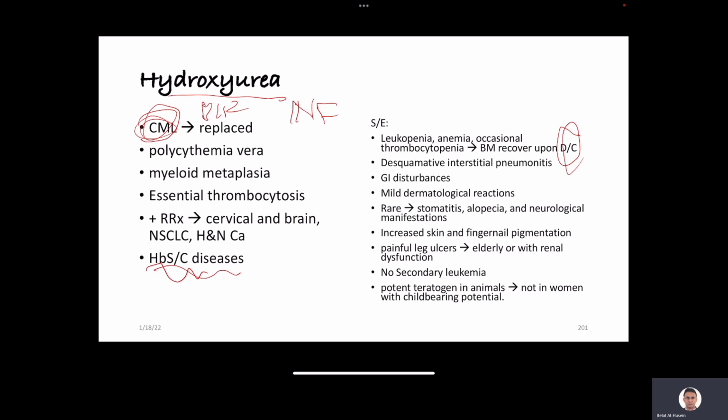Pneumonitis, GI disturbances, mild dermatological reactions, stomatitis, alopecia, neurological manifestations, increased skin and fingernail pigmentation, painful leg ulcers, especially in elderly or with low renal function, secondary leukemias, and it is a potent teratogen in animals, but in women with child bearing potential, it was not reported to be a teratogen, in fact.